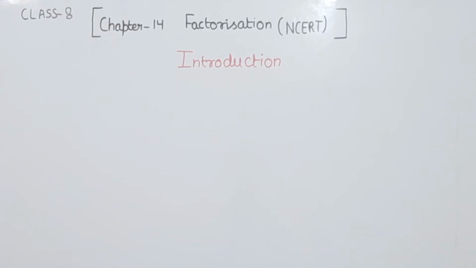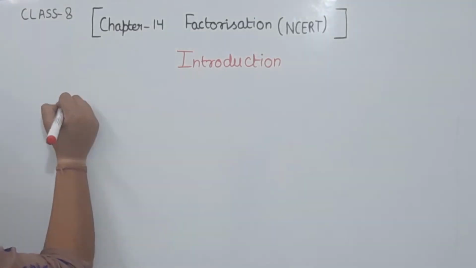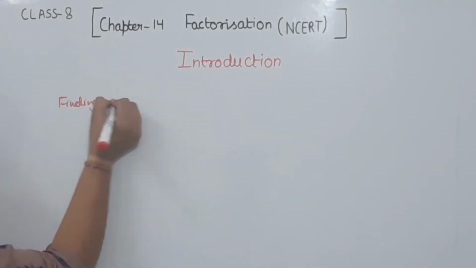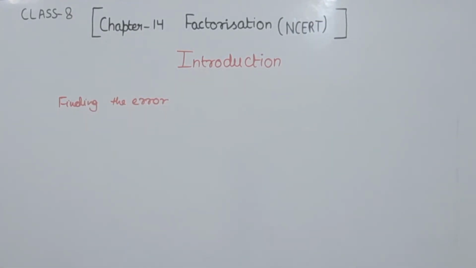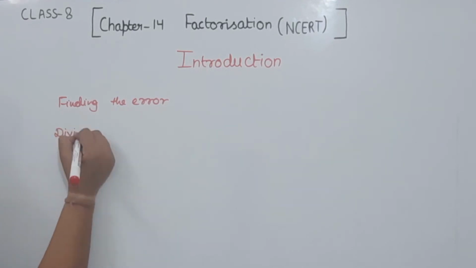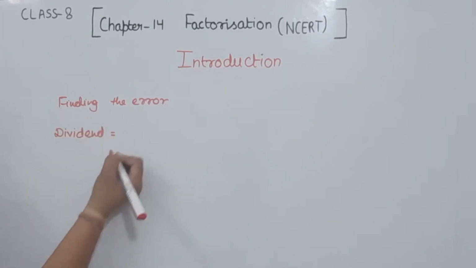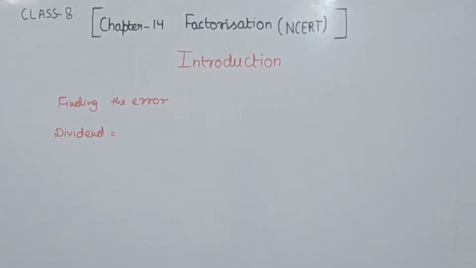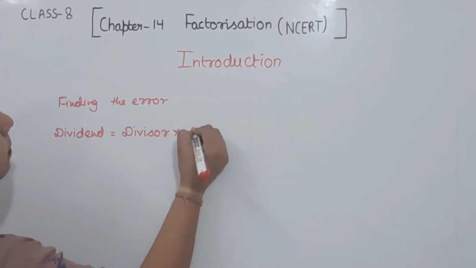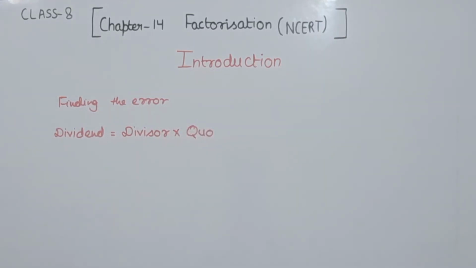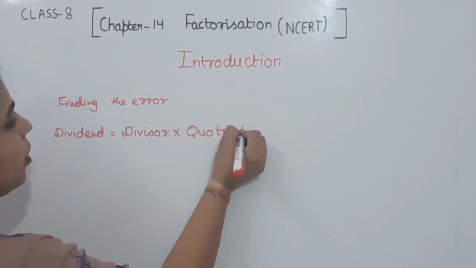So the next topic is finding the error. We can find the error by a formula. The formula is: when we are having the dividend, the dividend is equal to the divisor multiplied by the quotient. This is when we are not having a remainder.